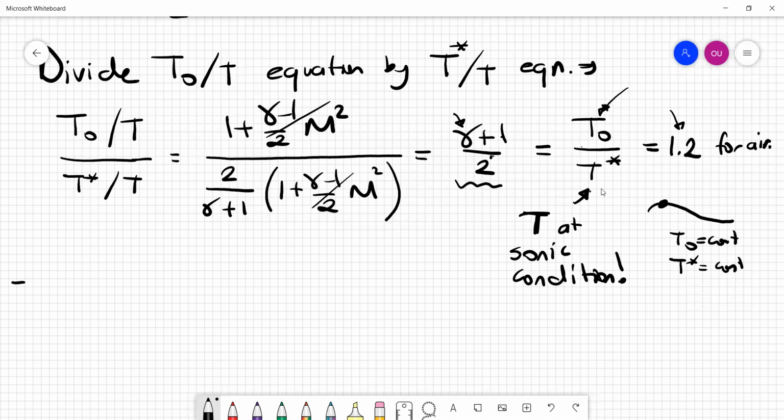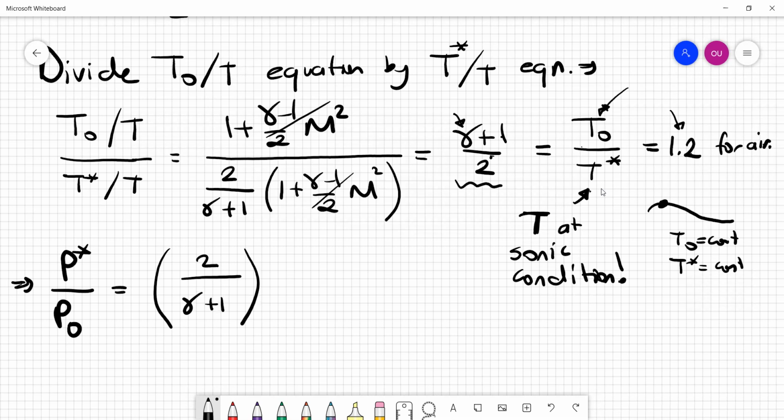Let me write the equations. For example, P star is the static pressure at sonic condition. Its ratio to P0 is also a constant. So this is 2 over gamma plus 1 to the power gamma over gamma minus 1. I didn't derive it, I'm writing the equations directly, but it's just from the isentropic relation.